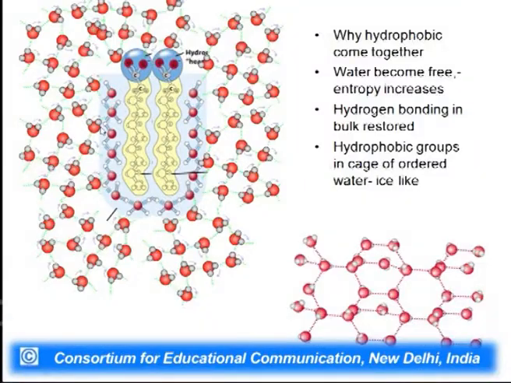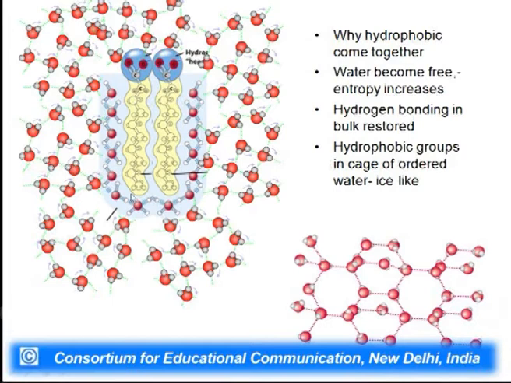So, from this diagram we see when there is only one long chain hydrocarbon, there is structuring of water molecules all around it, and when we have two such groups coming together, we see that now a lesser number of water molecules are packed around in a cage.